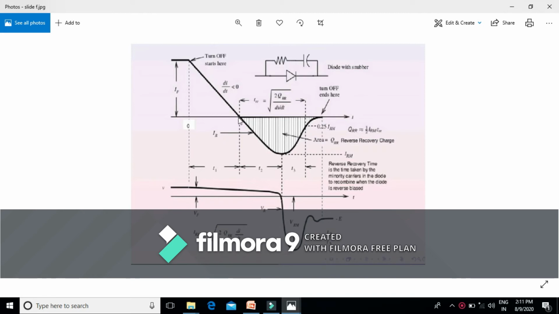From the interval where IF becomes 0 to the end of the interval T2, the reverse current reaches its maximum value, designated by IRM. This time interval represents the charge stored in the depletion layer; during this interval, the charge stored in the depletion layer is removed.